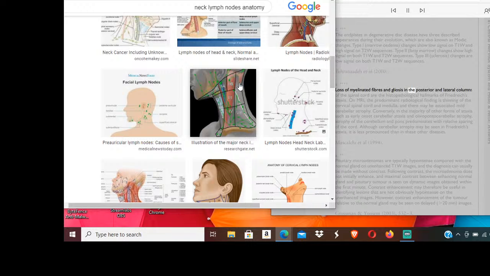12a. Loss of myelinated fibers and gliosis in the posterior and lateral columns of the spinal cord are the histopathological hallmarks of Friedreich's ataxia.